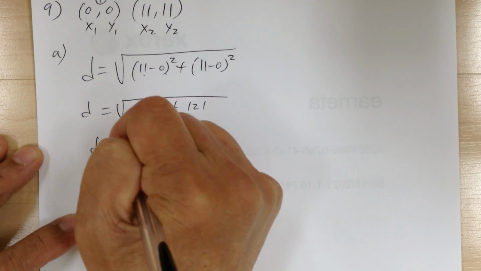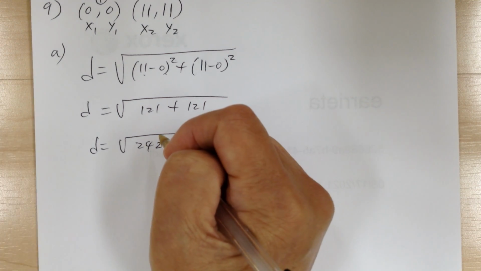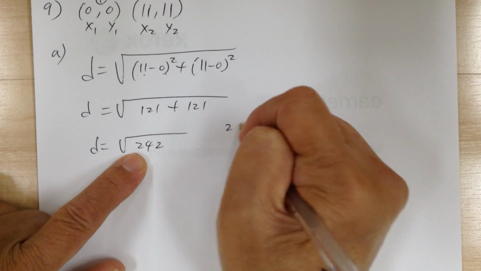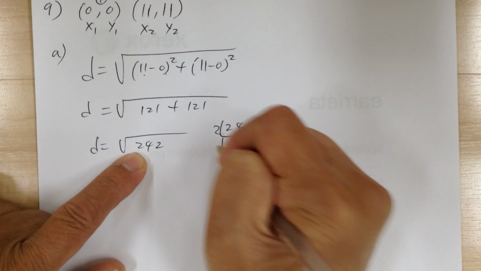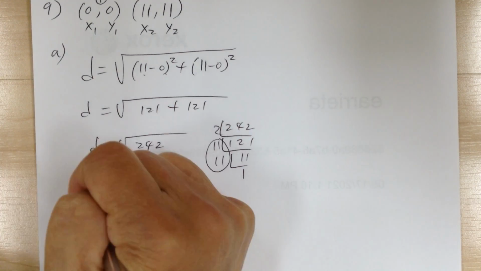So D will equal the square root of 242. And you can break it down: 242 is 2 times 121, and 121 is 11 times 11. So you're going to get 11 square root of 2.